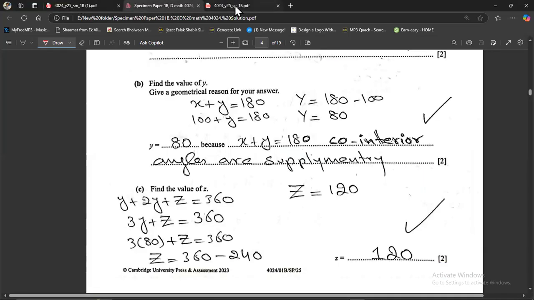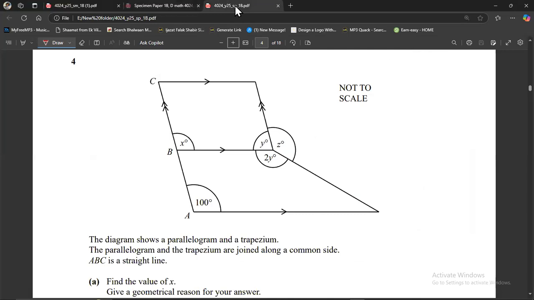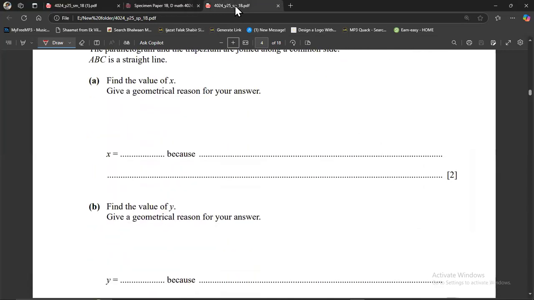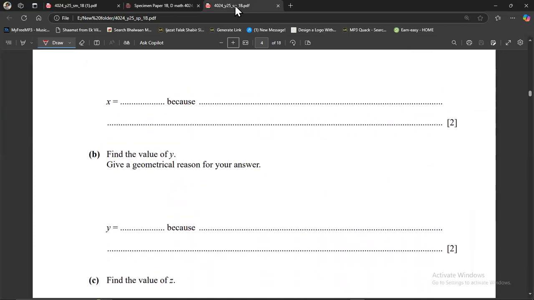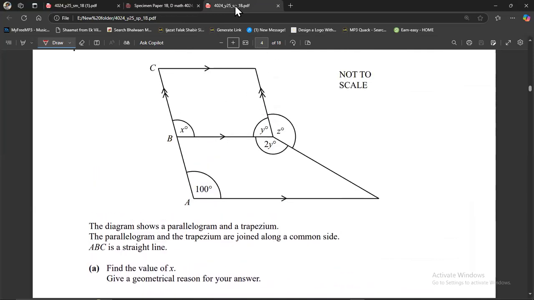I hope you understand. Then the question is to find the value of z. If you want to find out the value of z, you have to look at this shape, and these are the three angles about a point. The sum of the angles about a point is 360 degrees. So y plus 2y plus z will be equal to 360.